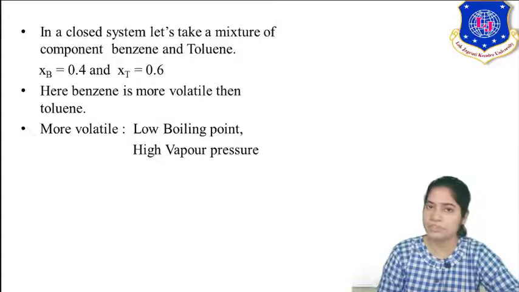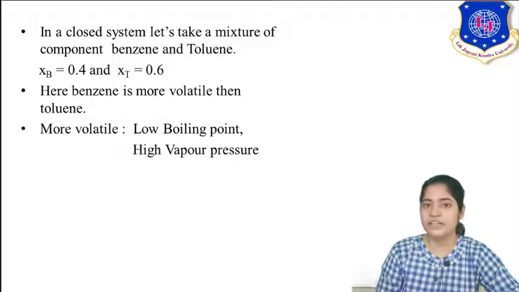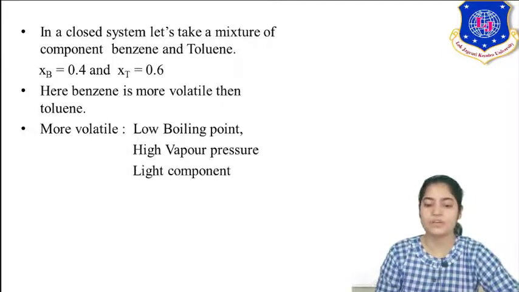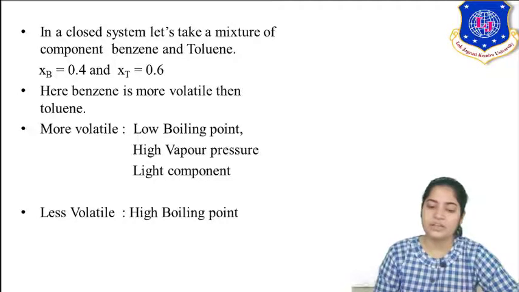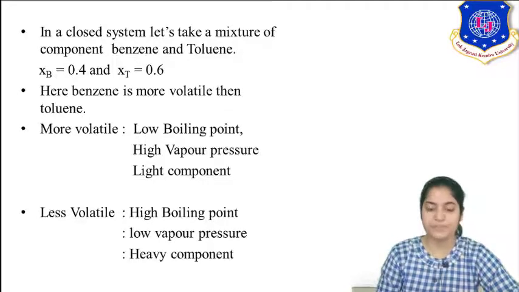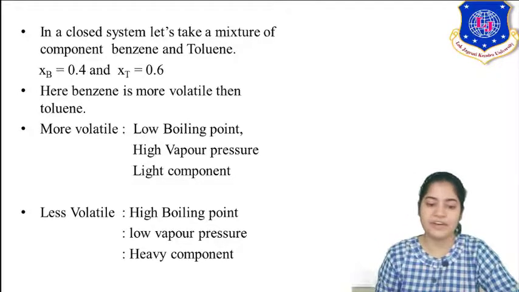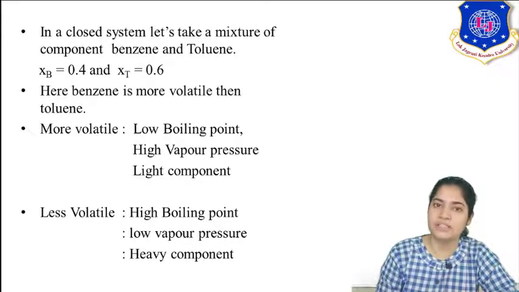The more the vapor pressure, the faster it satisfies the total pressure condition. It means a low boiling point, sorry. And it is a light component. Less volatile means it has a high boiling point, low vapor pressure, and it is a heavy component. So this way we are defining that I am taking a mixture of benzene and toluene, from which benzene is the more volatile.